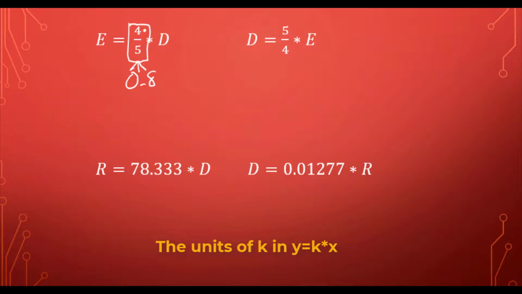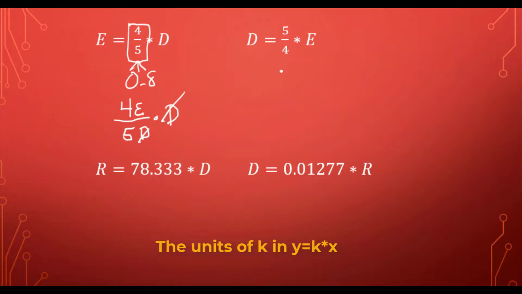And the key to that is saying, oh, well, I know this is dollars and this is euros. So if I'm inputting dollars, how does dollars miraculously become euros? And the answer would be because euros would be in the numerator of K and dollars would be in the denominator. And that way, when I multiply by whatever amount of dollars, the dollars would cancel, and I'm left with the number of euros.